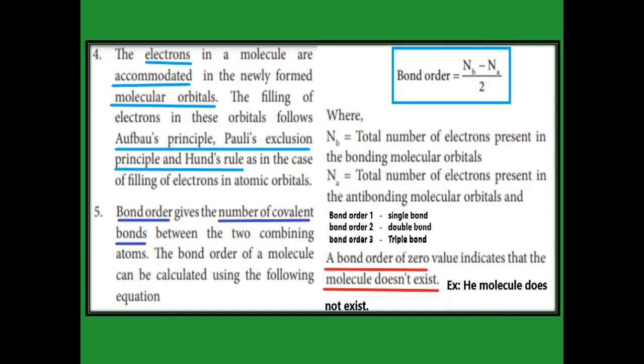Bond order 1 indicates that the molecule possesses a single bond, bond order 2 a double bond, and bond order 3 a triple bond. If the bond order is 0, the molecule doesn't exist. For example, the helium molecule does not exist. We will see later.